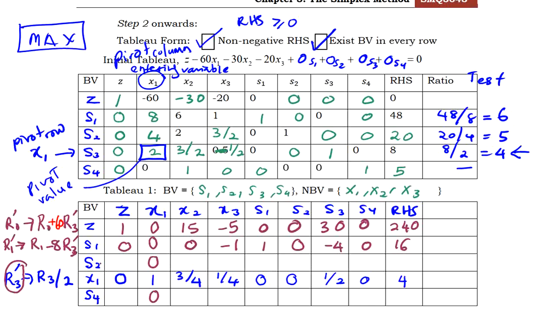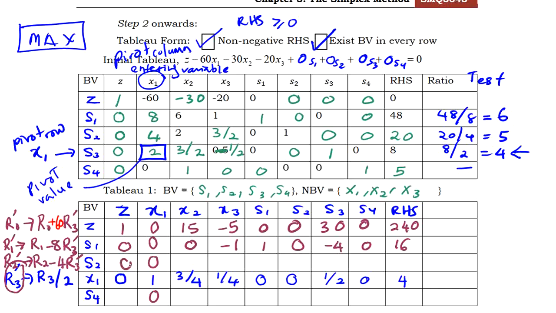Okay, for row 2, the formula is row 2 new, refer to row 2 and row 3 new.